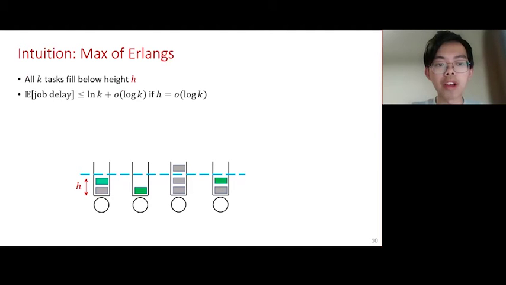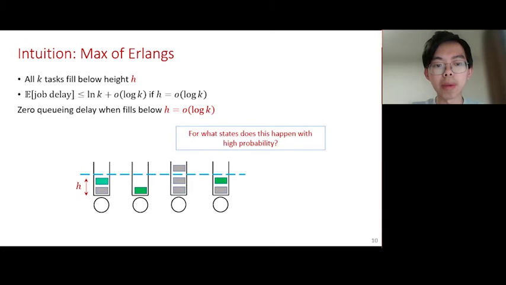Then we show that when h is small o of log K, the expected job delay is upper bounded by log K plus small o of log K. It implies that if all tasks of a job can be filled under a threshold h, with h equal to small o of log K, then this job can have zero queuing delays. It thus leads us to think about for what state batch filling can fill all tasks under this particular threshold h.